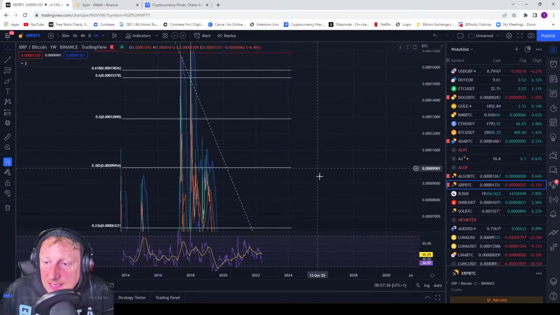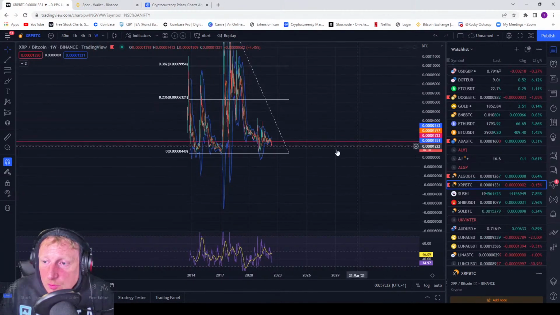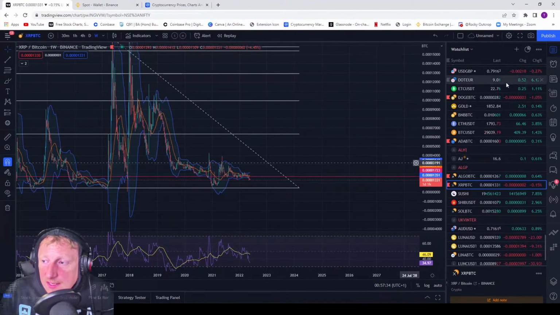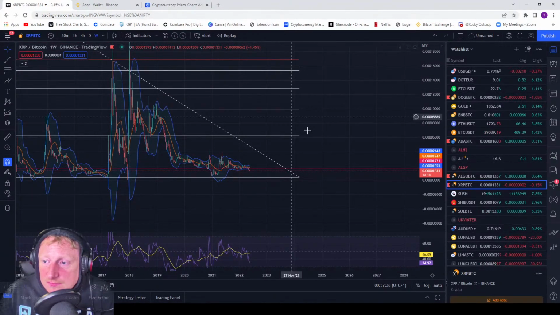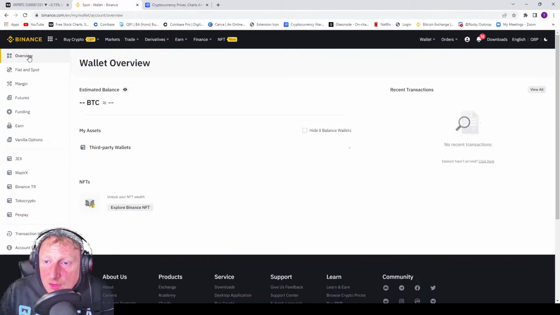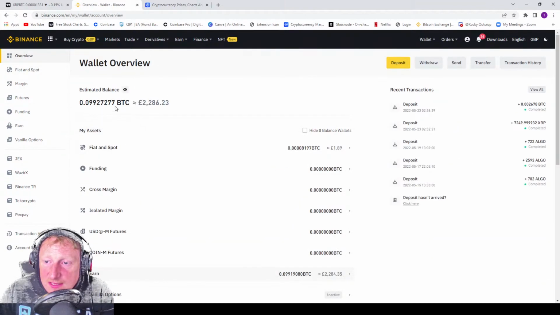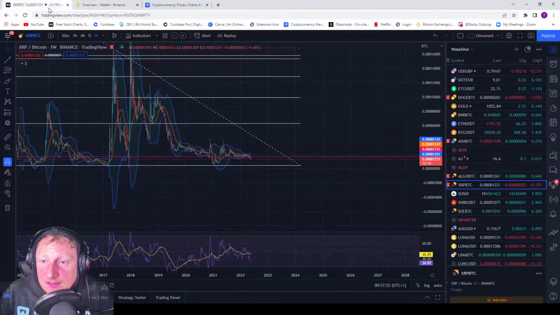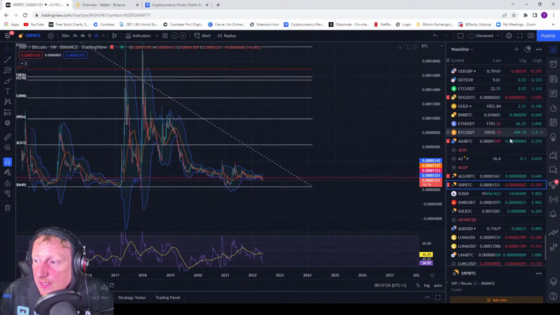So XRP is definitely one of those that are on my radar. I don't have a lot. In fact, if you look, that's what that is in my overview. There's a bit of a balance there, and that is just my XRP holding only. It's 60 quid of Bitcoin, yeah, and that's just my XRP.